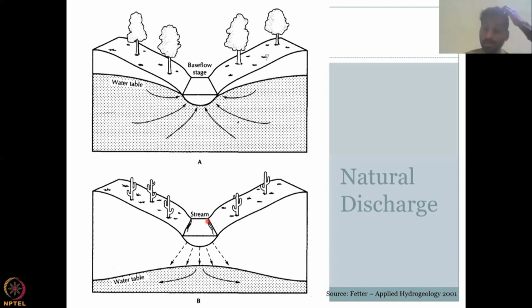We also saw induced recharge and induced discharge, where you pump water out of a system, which gives you discharge of water, and it is induced. And also by inducing your pumping and inducing your discharge, you can also recharge some locations, and that is called induced recharge.